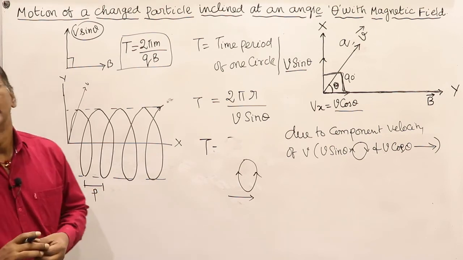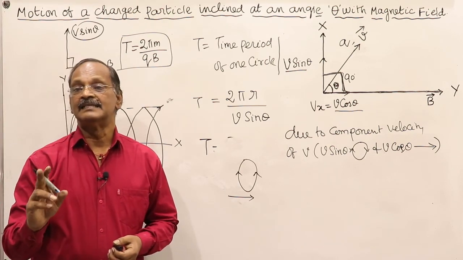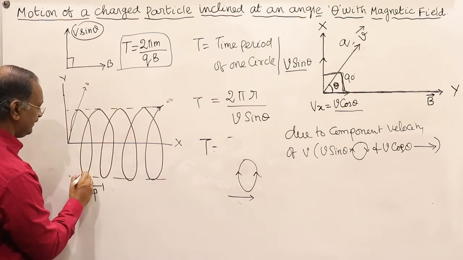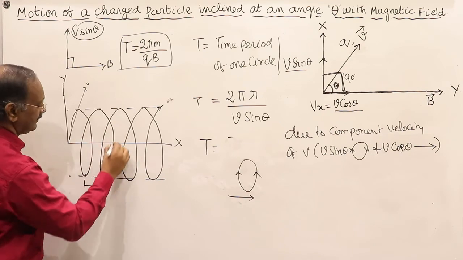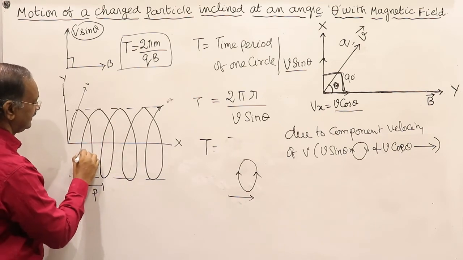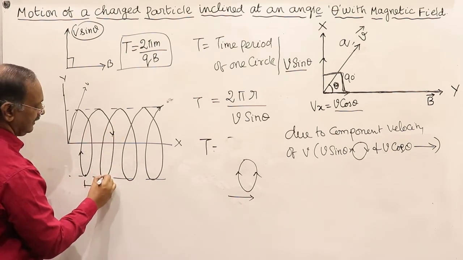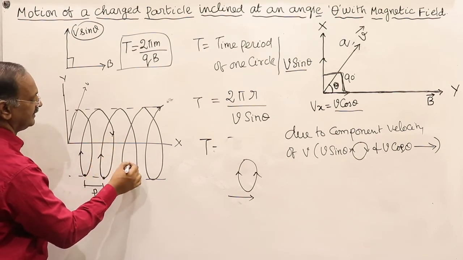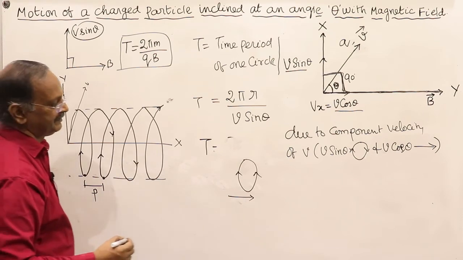What is pitch? The linear distance traveled by a charged particle in one rotation. See, from here it makes one rotation. See, from here it goes here. It starts here, it means again it is repeating the same thing. So what is pitch?